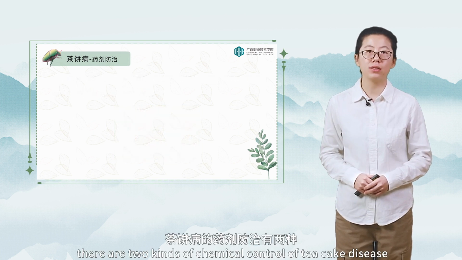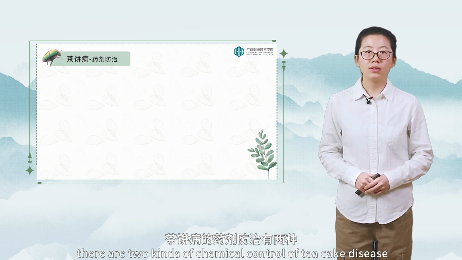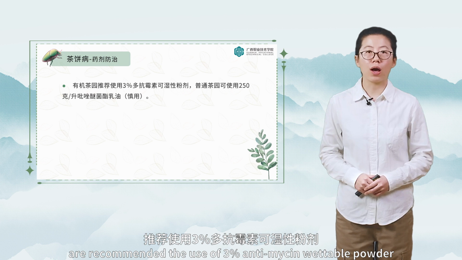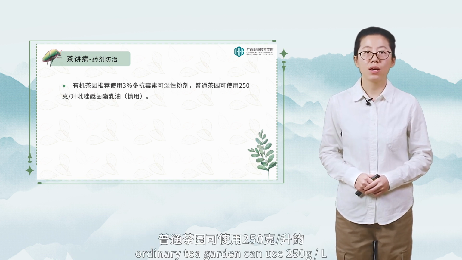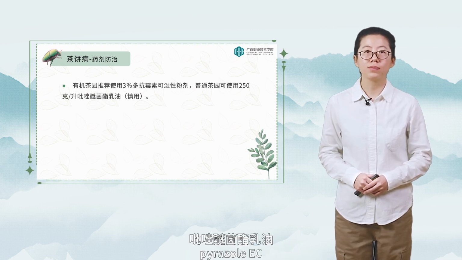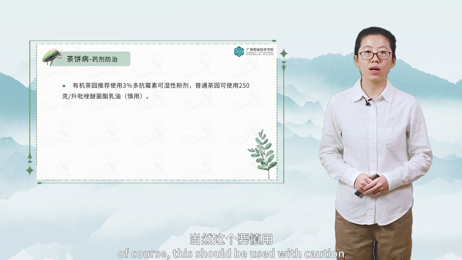There are two kinds of chemical control of tea cake disease. 1. Organic tea gardens are recommended to use 3% antimycin wettable powder. Ordinary tea gardens can use 250 grams per liter pyrazole EC. Of course, this should be used with caution.